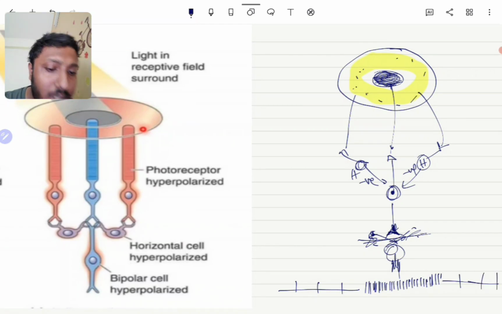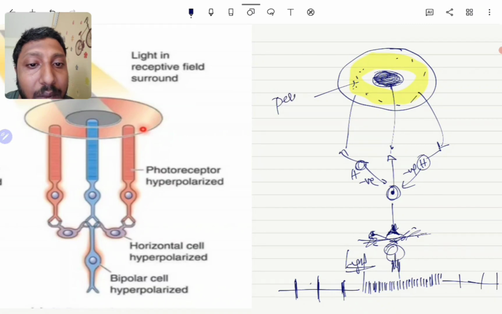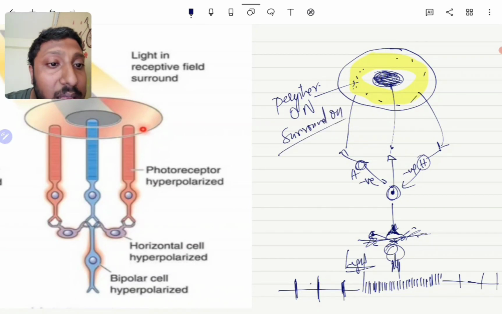The point is, these ganglion cells are always firing at a small level. But in this particular cell, it kept on firing like this, and then when the light was shined on the periphery, on the surround, the center was off.